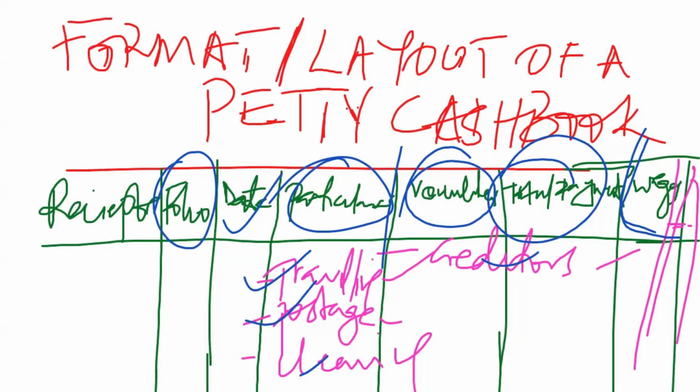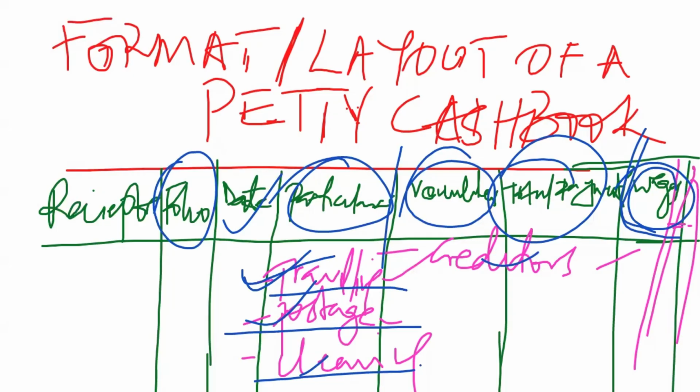Let's say it has 4 analytical columns, of course, this first one, the one for wages, then the traveling, the postage, and then the cleaning. This one, the creditors column, is not an analytical column, but it's a little bit different because it will not be analyzing. It will be just paying off some creditors with small payments.